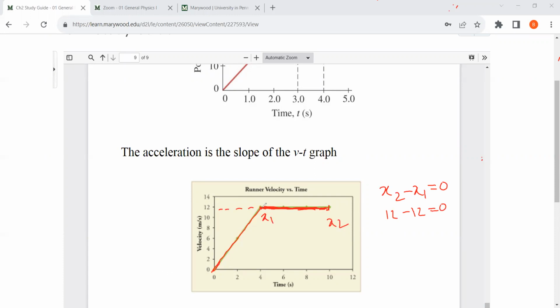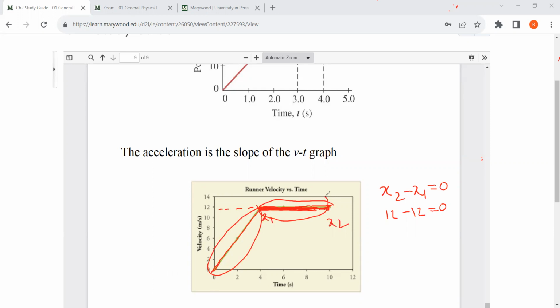So when you have a straight line that is parallel to the x-axis, the slope of this graph is equal to 0. So what does it mean? It means the acceleration in this region is equal to 0. So there is some acceleration here, but there is no acceleration here.